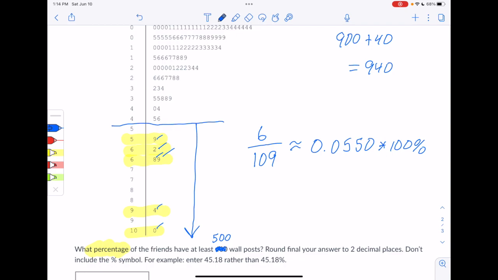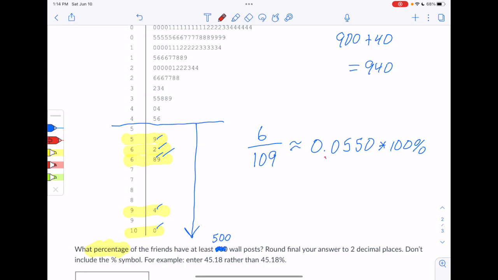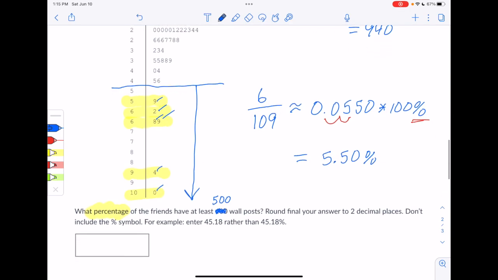And the effect of multiplying by the 100 is to move the decimal place over 2 spots, so that decimal will move over to there. And then we're going to have that percentage symbol added on as well, so it's going to end up being 5.50% after we move the symbol over. And then they told us to not write the percent symbol. So when we go to enter that into the answer box, we'll just write the 5.50.